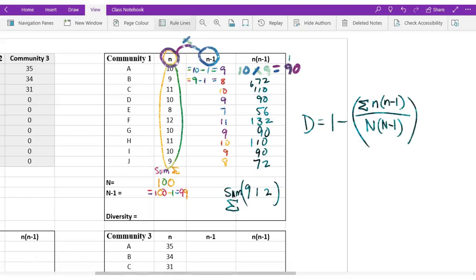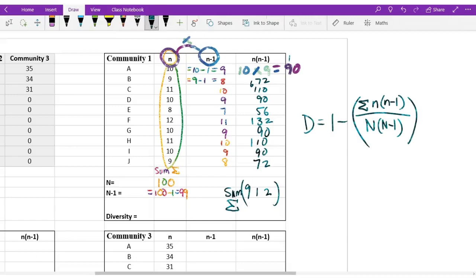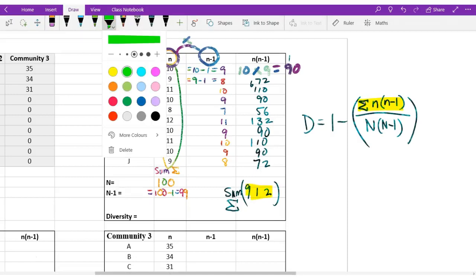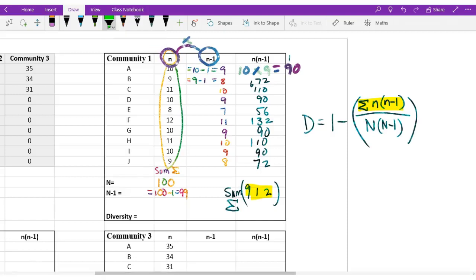So that means, if I draw this here, this little guy here is this number here, and this guy here that I'm about to do will equal this number here.